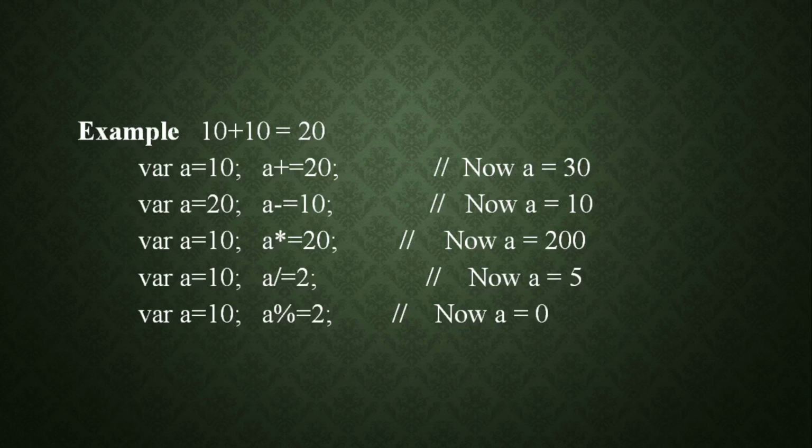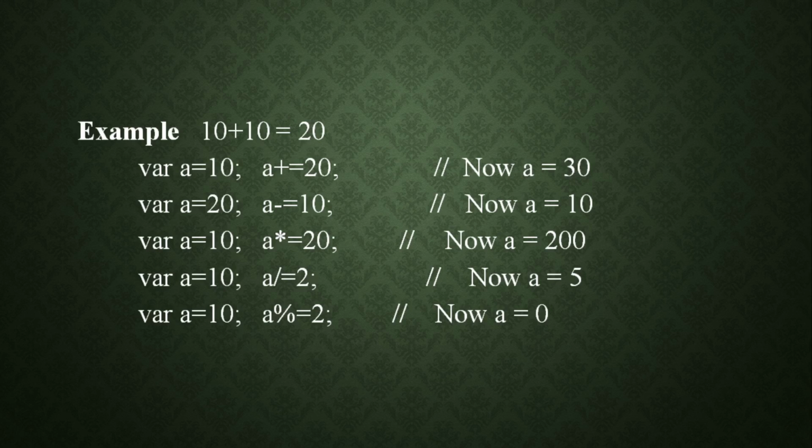This is the example for the assignment operator. A value 10. For that I have taken an expression a plus equals 20. 10 plus 20 is 30. Similarly for the minus operation. That indicates that a plus equals 20 means a equals a plus 20.